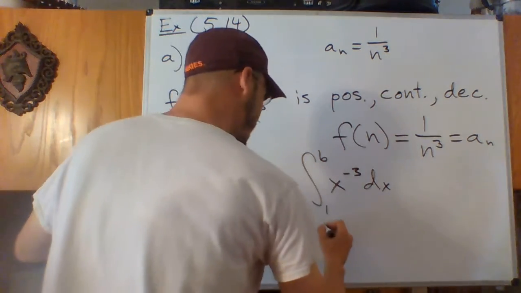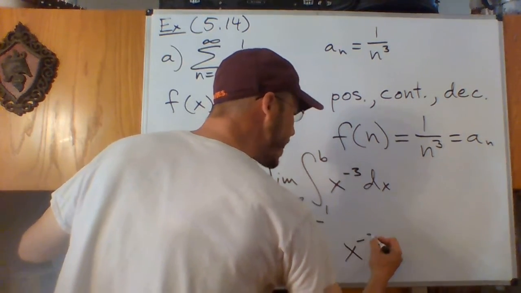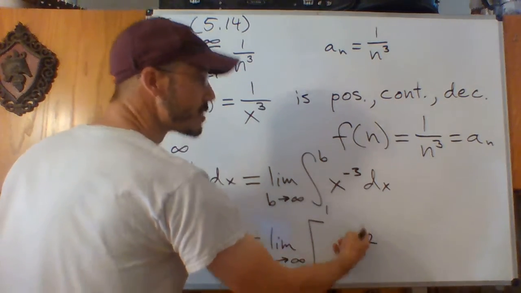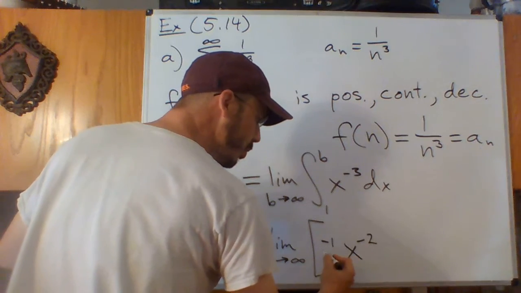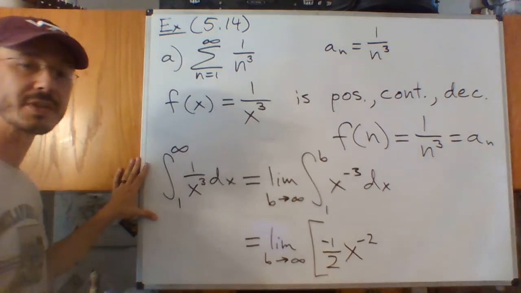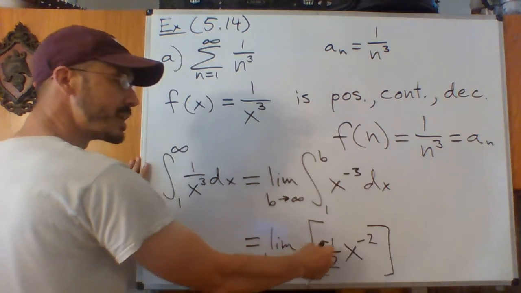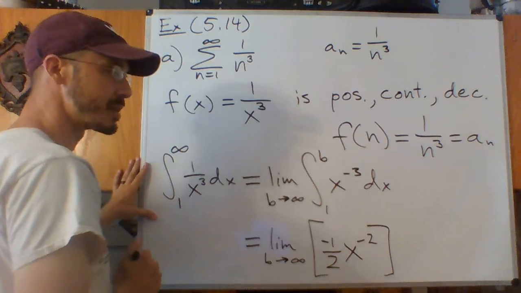And that's the antiderivative. I'm going to have x to the negative 2, because I'll subtract 1 from the negative 2, I get negative 3. But I also need to have a negative 1/2 coefficient, because when I take that derivative, I'm going to bring the negative 2 down. The negatives will cancel, the 2's will cancel, and I'll get my x to the negative 3.